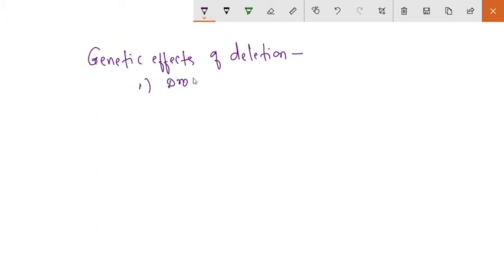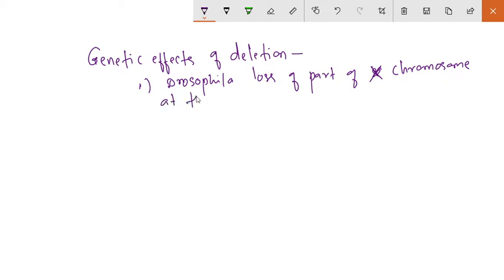Okay, in Drosophila, the loss of the part of X chromosome. There is a loss of X chromosome at the end, that is the terminal. Okay, and it results into cut of the wings.